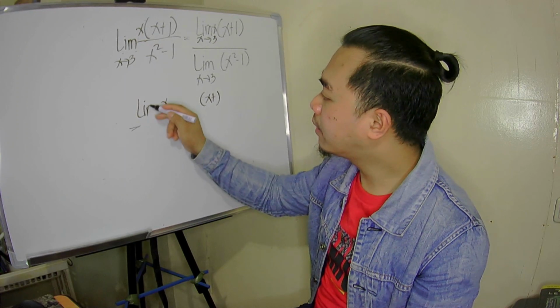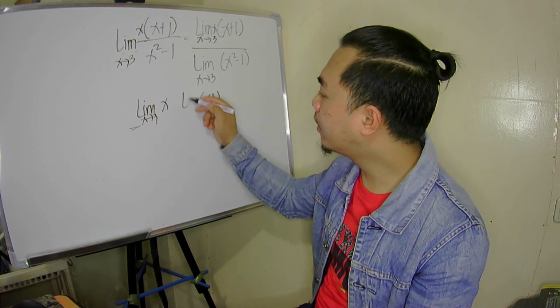So, limit as x approaches 3. Same here, limit as x approaches 3.